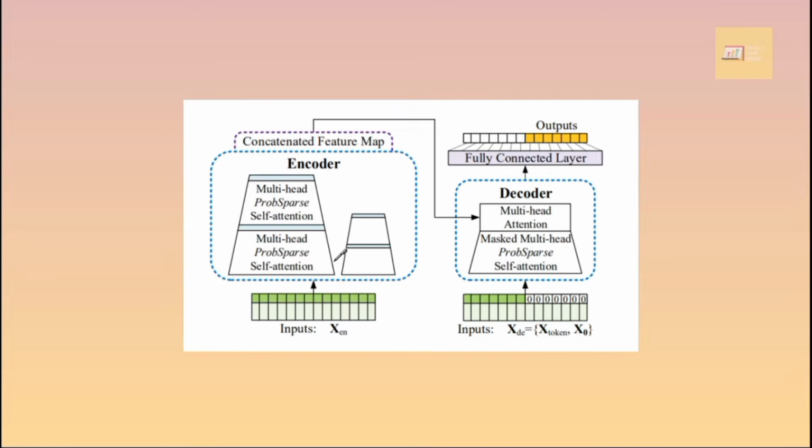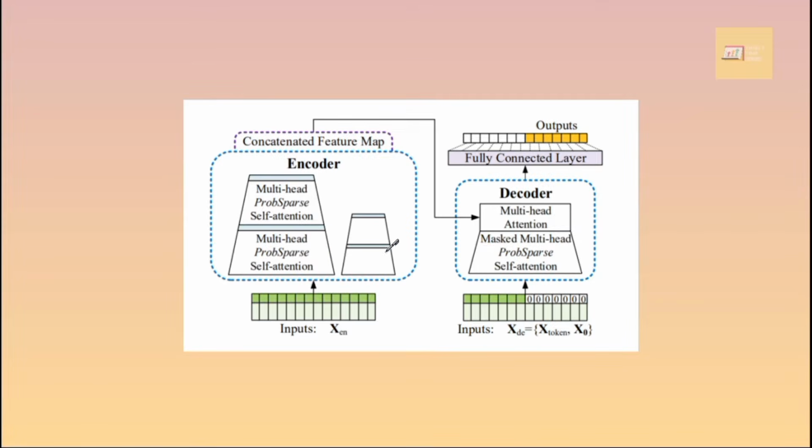Notice that we have three types of self-attention mechanisms in Informer. The first is multi-head ProbSparse self-attention. The second is masked multi-head ProbSparse self-attention in the decoder part here. And the last one is multi-head attention. The last type here is the same multi-head self-attention mechanism as in the transformer.